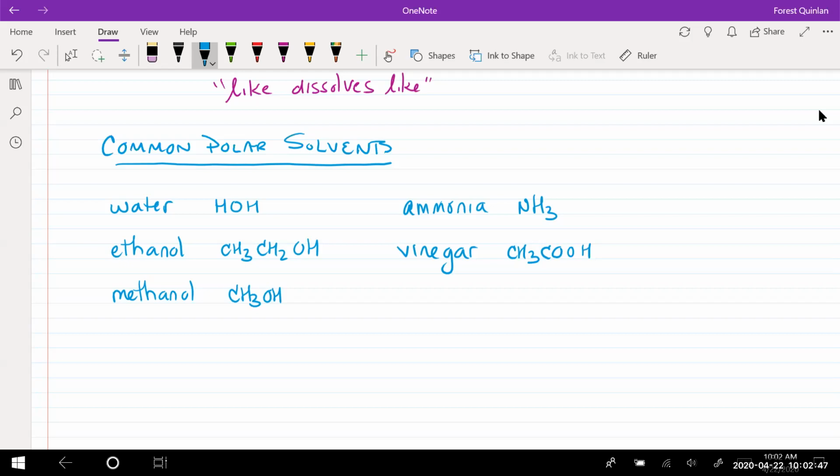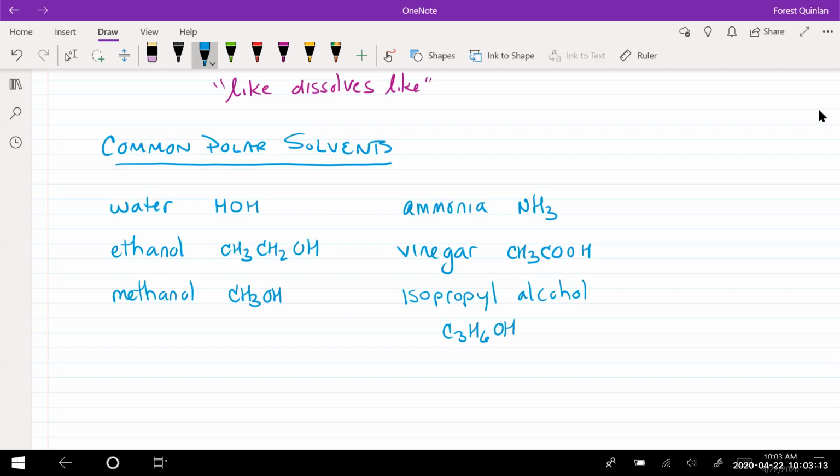And I'm going to do a little isopropyl alcohol, and that'll look like C3H6OH. Now, these are some of the more common things that we like to dissolve things in. Another one is acetone as well.